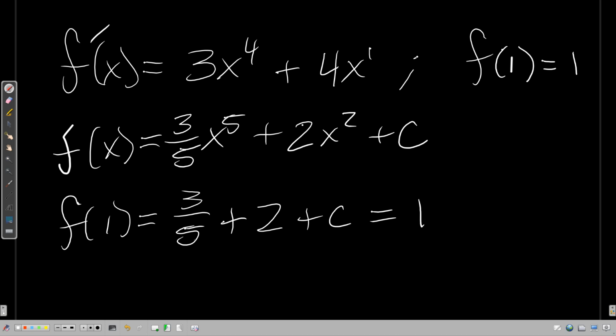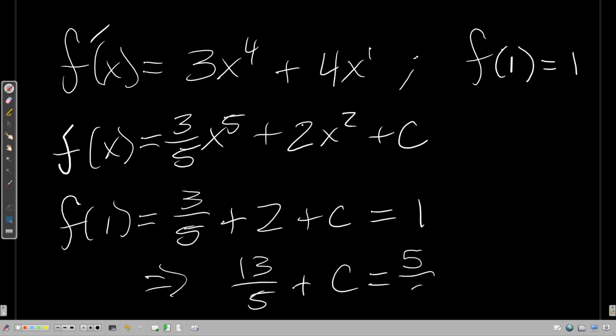Okay, so that would mean that 13/5 plus c is equal to 1, 1 being 5/5. Then you can now calculate c. C would have to be equal to 5/5 minus 13/5.